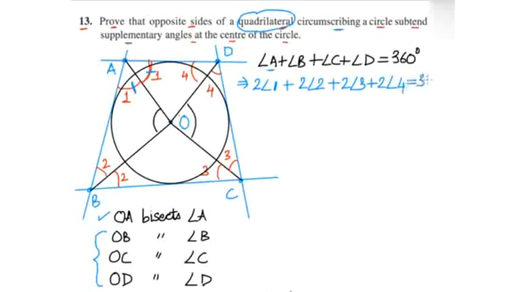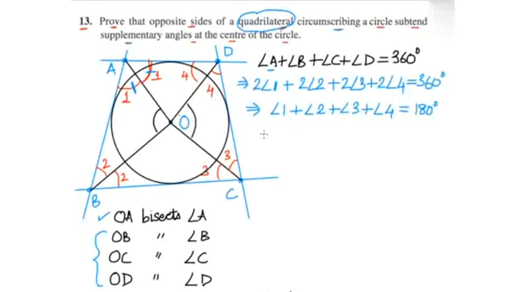So this sum is equal to 360 degrees. And now if we divide by 2 on both sides, we get angle 1 plus angle 2 plus angle 3 plus angle 4 equals 180 degrees. Now this is very helpful, and you will soon understand why calculating the sum of these four angles is helpful.